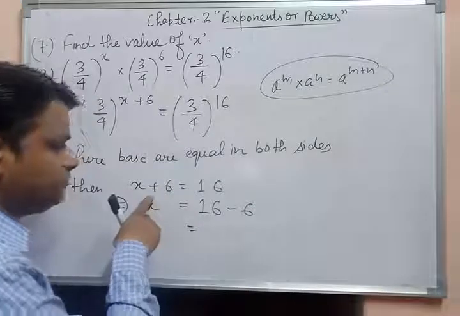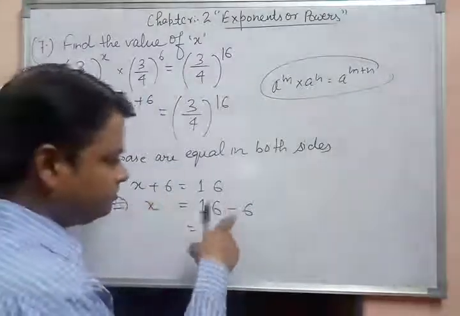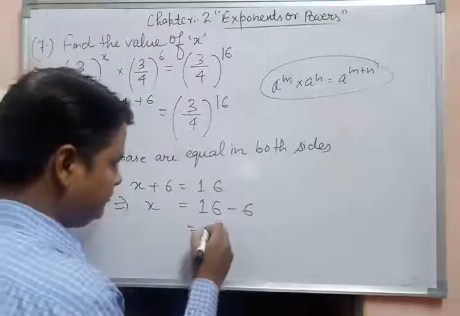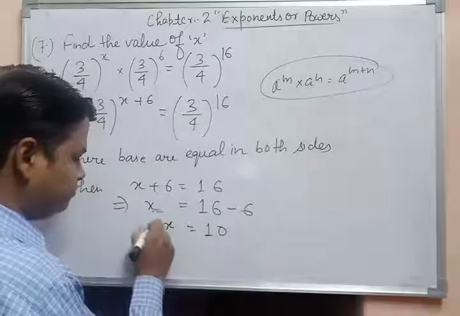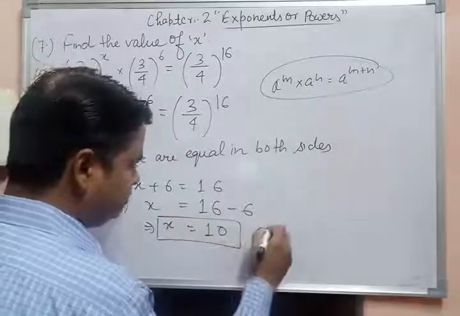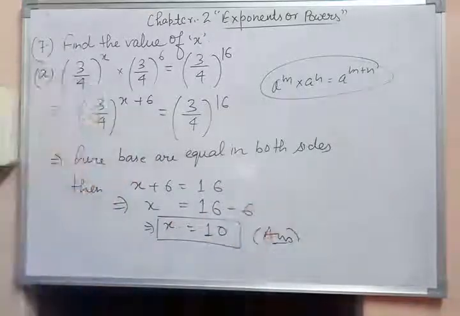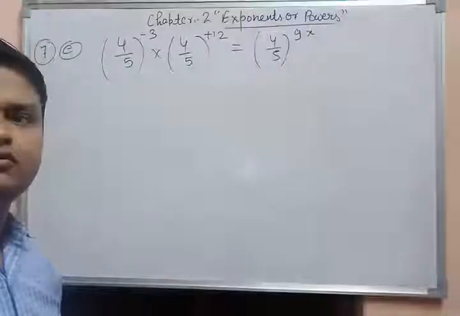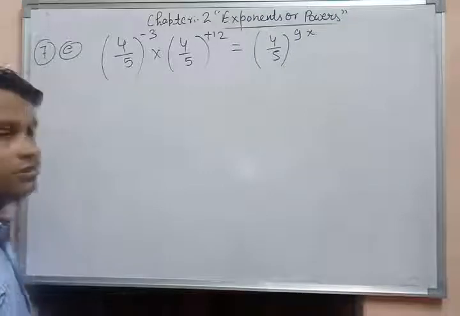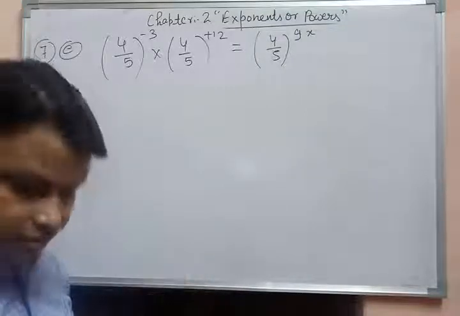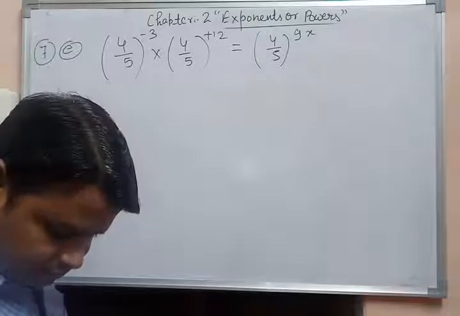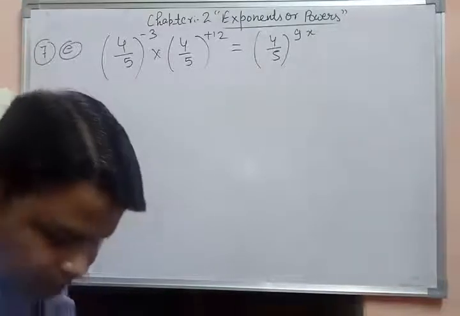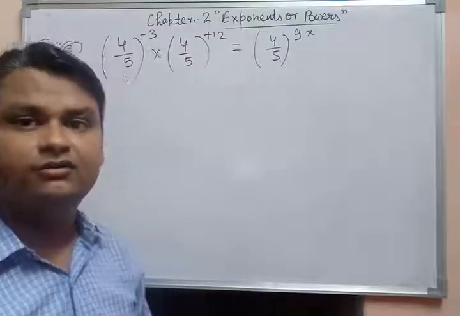Here 6 is given as plus, so you write minus 6, then we get the result 10. So this is the answer of this question; pause the video to note it down in your copy or take a screenshot. Students, we are moving to our next part, which is part E. The remaining parts C, D and B are your homework.